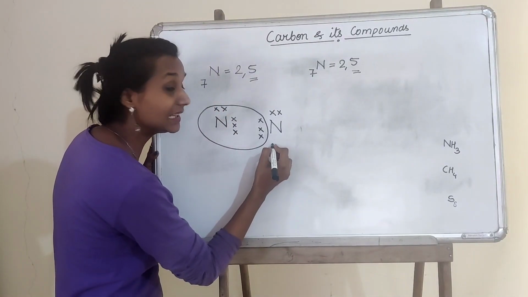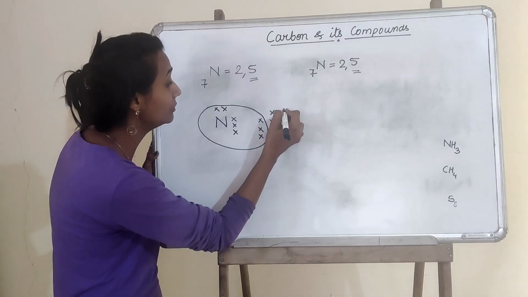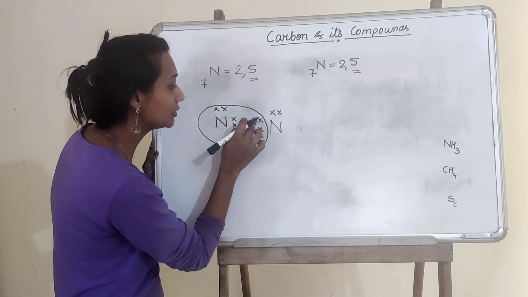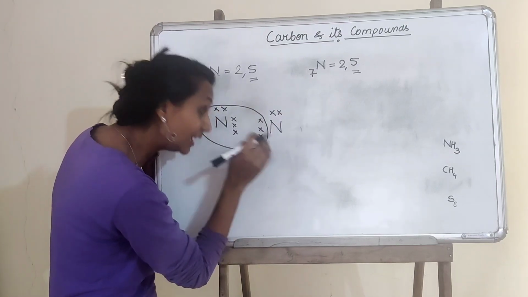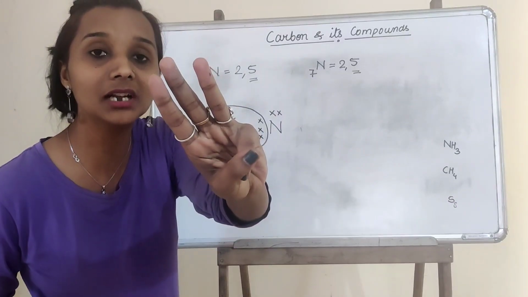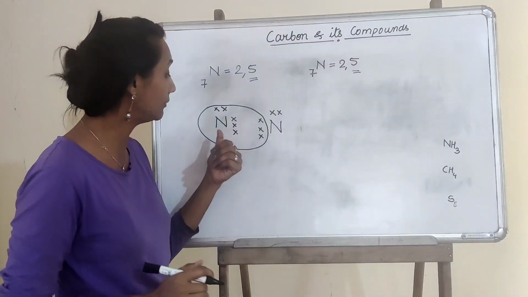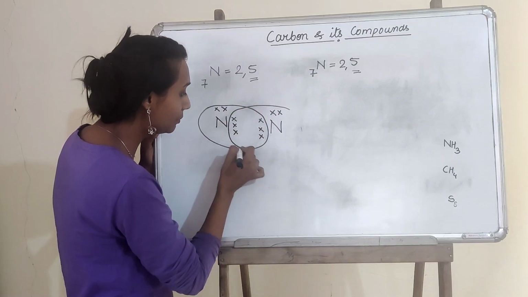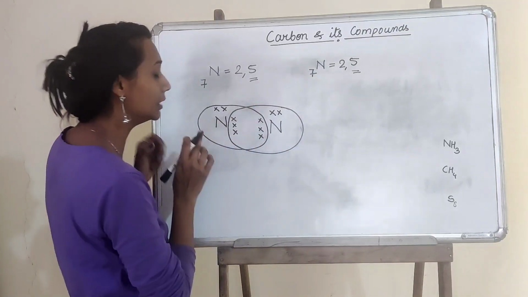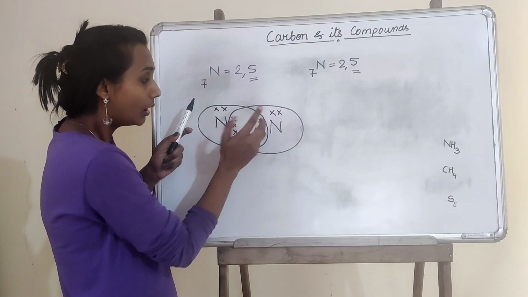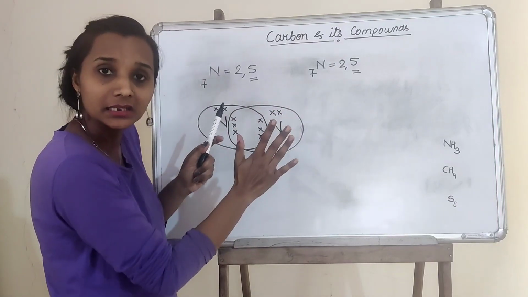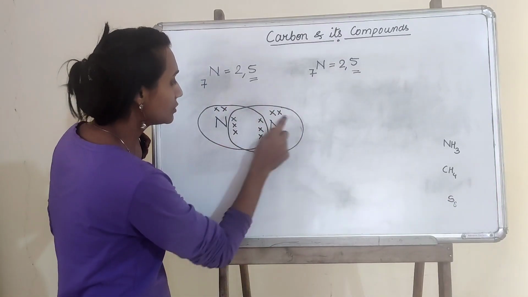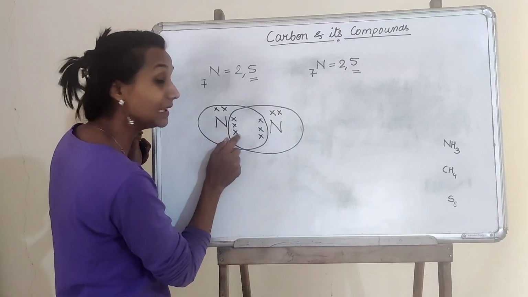And the second nitrogen atom, can you see 1, 2, 3, 4, 5. It again requires 3 more electrons. So it is going to take the help of this nitrogen. And after taking the help of another nitrogen, it fulfills its octet rule: 1, 2, 3, 4, 5, 6, 7, 8.